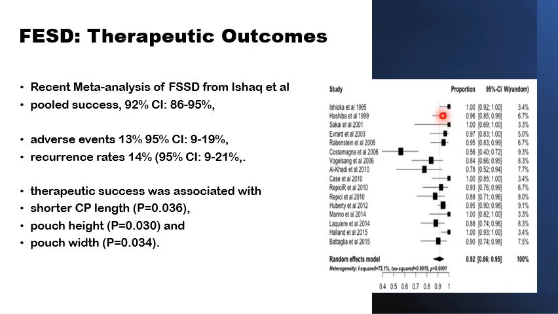Most of the involved studies had higher success rates. There was only one single study that had about 58% success rate. The complications and adverse events were around 13%, and the recurrence rate was about 14%.